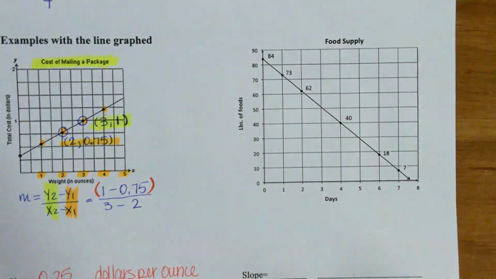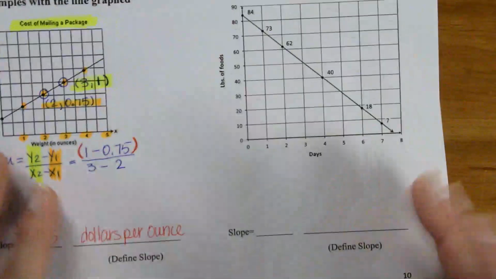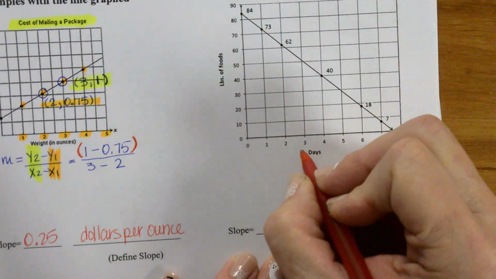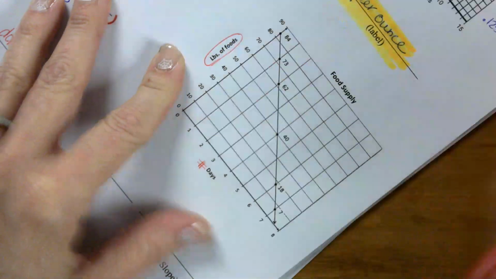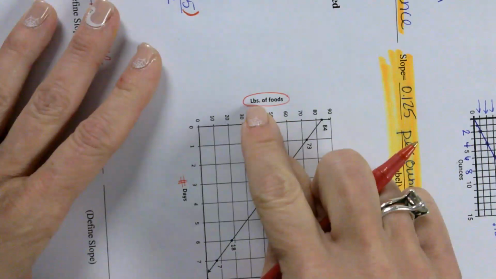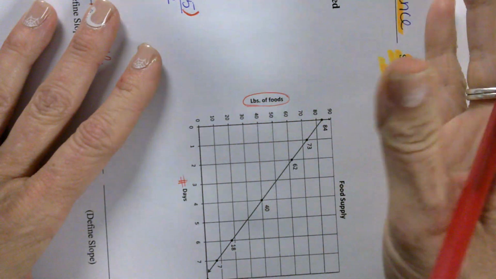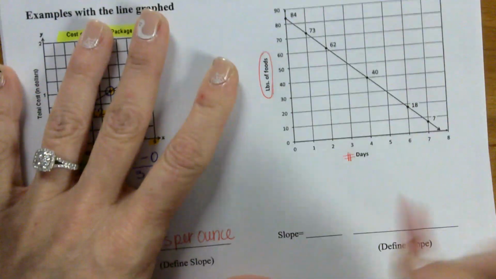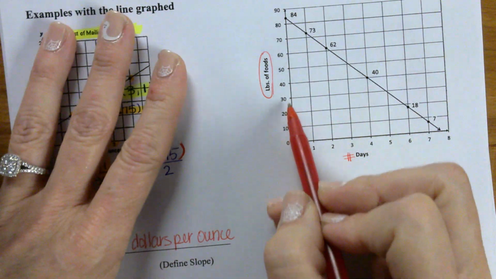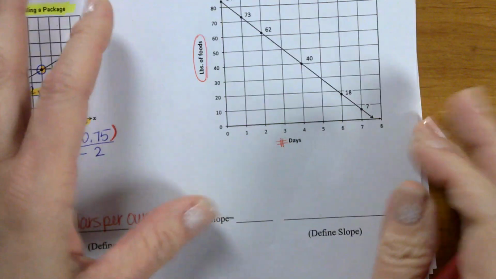That's our scenario. All right, we're talking about number of days. And here we're talking about pounds. LBS, that's the abbreviation for pounds in case you didn't know it. Pounds of food. My food supply is going by 10-pound increments. My days are going by 1.